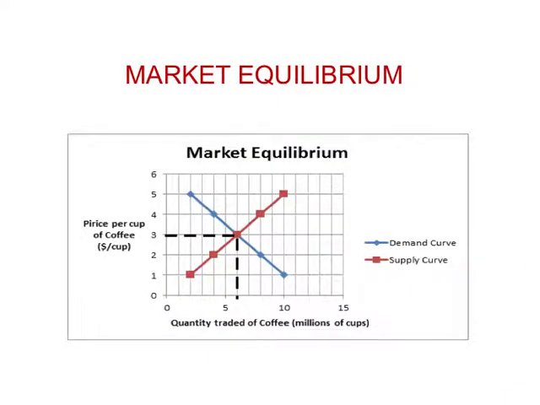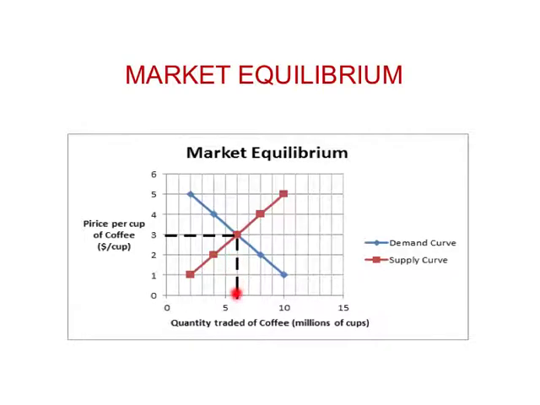Based off the numbers from the previous slide, we can draw a demand curve represented by this blue line and a supply curve represented by this red line. And we know what is equilibrium. It is the price at which quantity demanded equals quantity supplied. Look at this point of intersection between demand and supply curve.